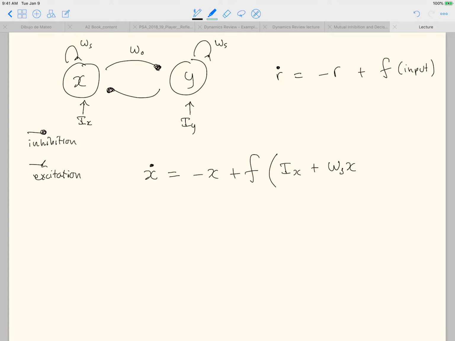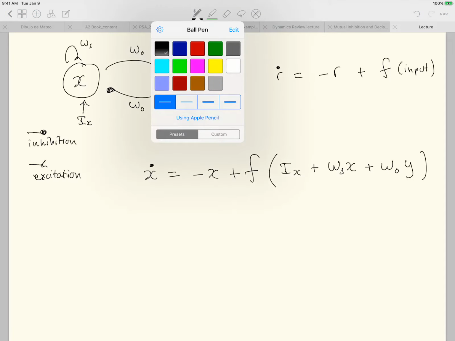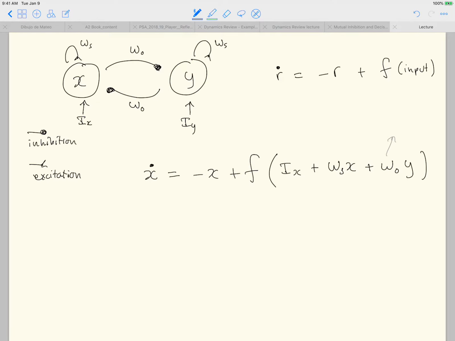And we also have the mutual inhibition, right, which we're writing down as WO. Notice that we're making the system symmetric. The self-excitation for the X neuron is the same as the self-excitation for the Y neuron, and their mutual inhibition is also the same. So we're simplifying it that way. So I'm going to write it like this, WO times Y, with the caveat that WO will be negative.